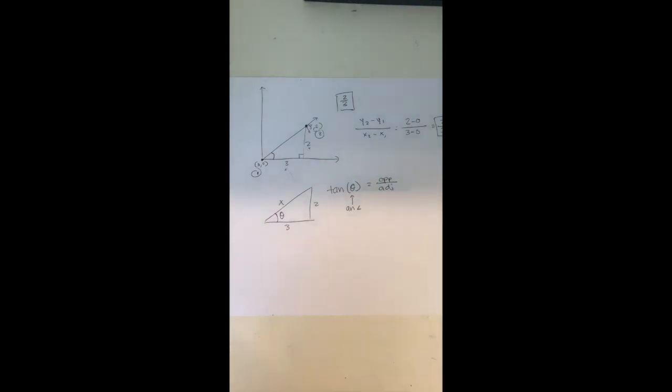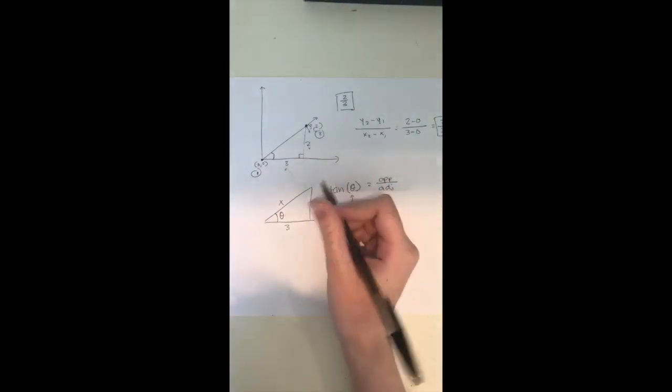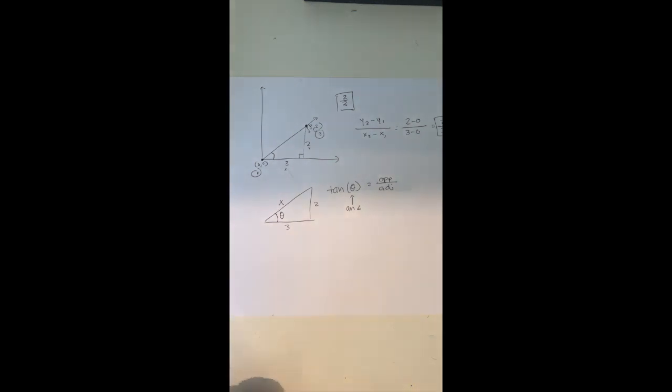And I know that a lot of you might not have done opposites, adjacents, that kind of stuff in a while, so I'll just explain that really quick. What they mean by opposite is the side that's not touching the angle.